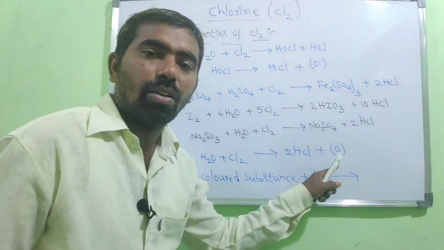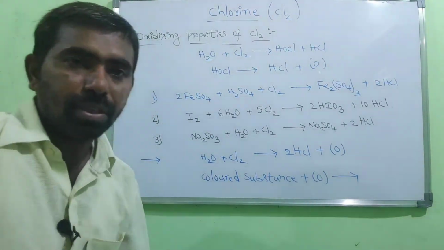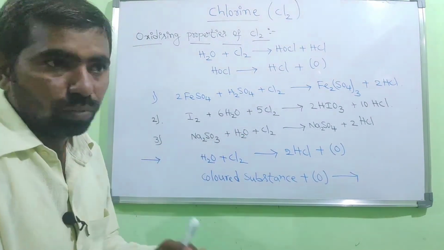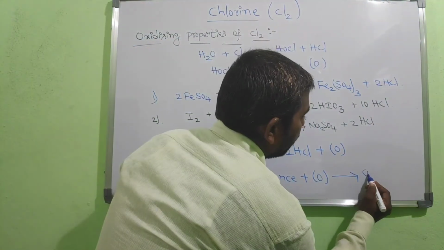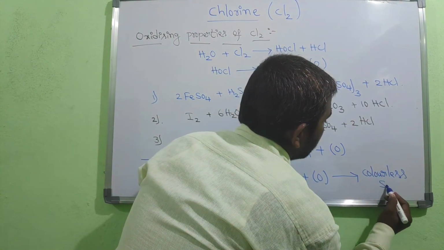This nascent oxygen oxidizes the colored substance, and this colored substance loses its color, forming a colorless substance.